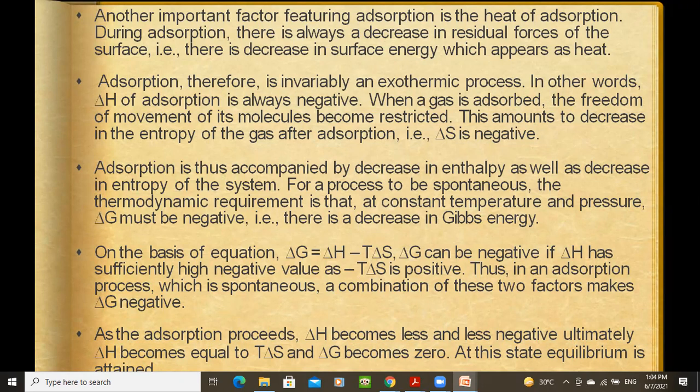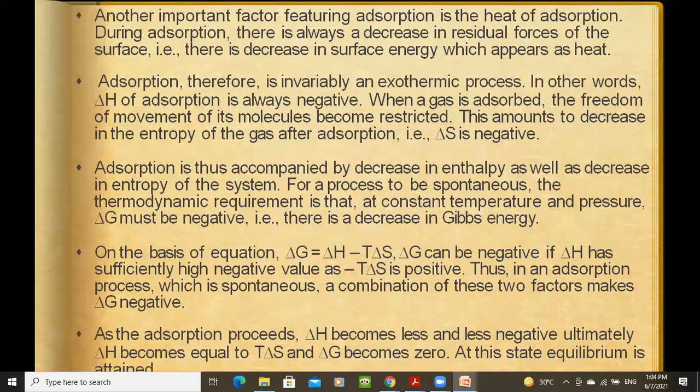So for adsorption, delta H is negative as well as delta S is negative, which affects the Gibbs energy. Adsorption is thus accompanied by a decrease in enthalpy as well as in entropy of the system.